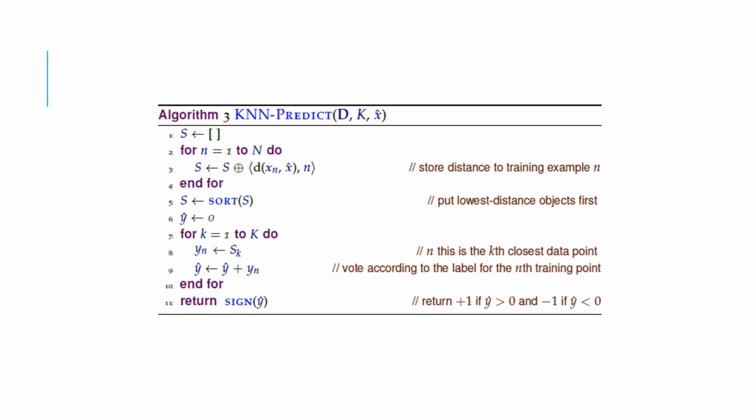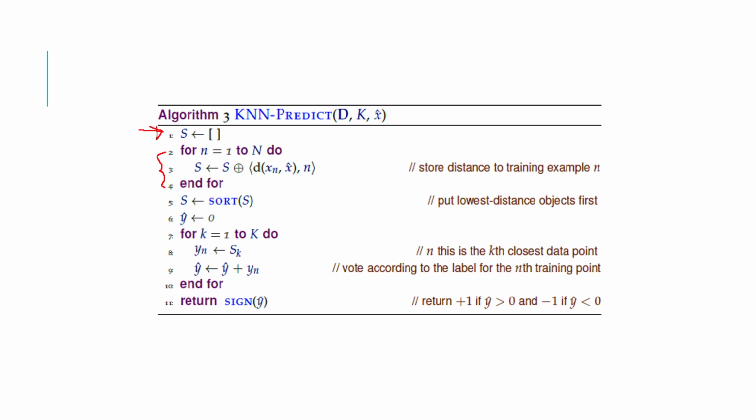So in lines 2 to 4, we just compute the distances from the test point and store them in some array.